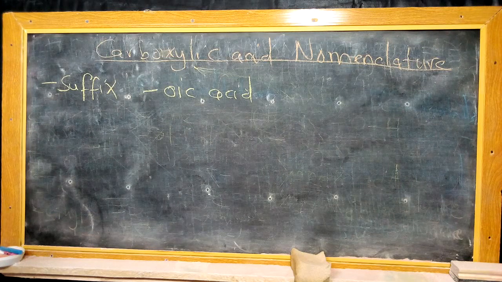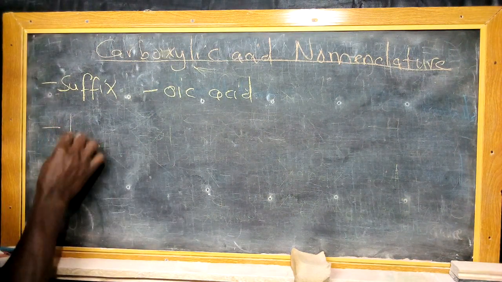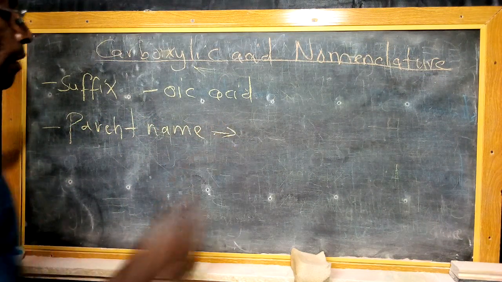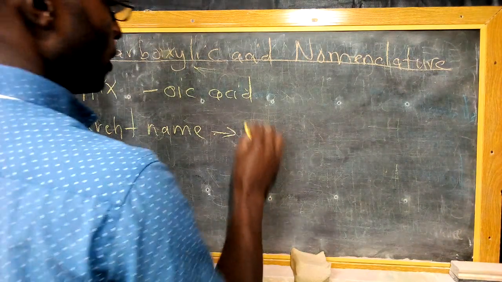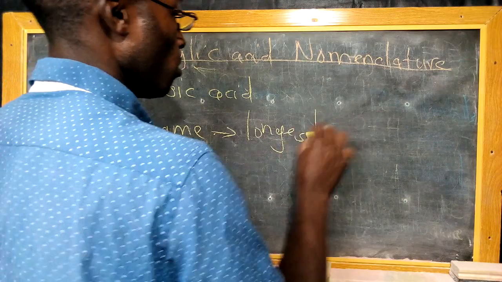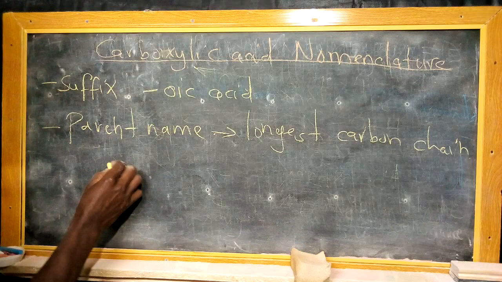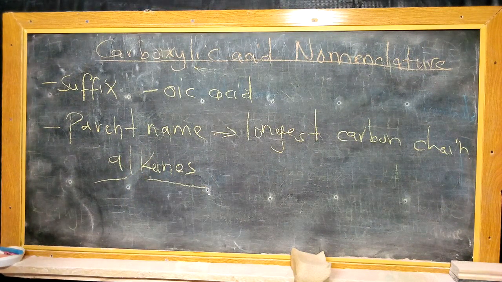The parent name is the longest carbon chain containing the carboxylic acid, and is derived from the alkane parent names that we have discussed initially for other compounds in our videos.